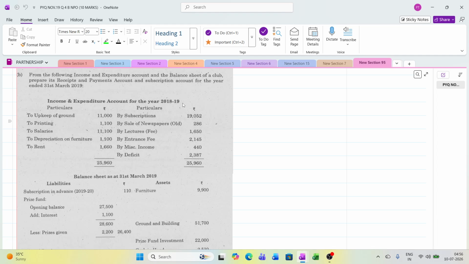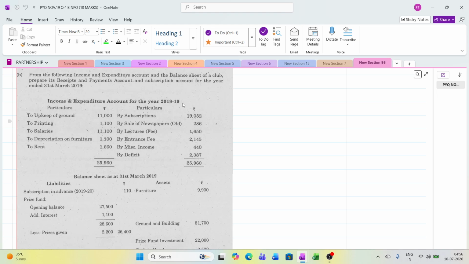Suppose I have to receive 500 rupees subscription for this current year and I have not received it yet. That will be taken as an income. At the same time, suppose an amount of salary is still outstanding, 100 rupees, no problem. We will include it in the expenditure in the income and expenditure account. Whereas in the receipts and payments account, it is not so.